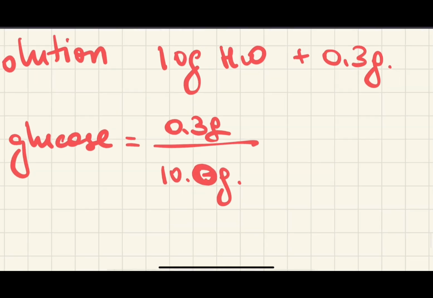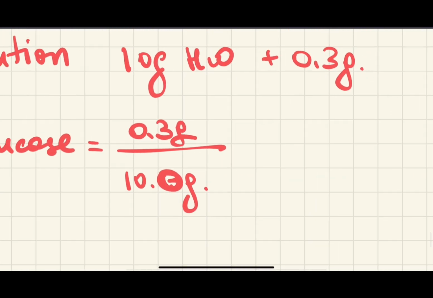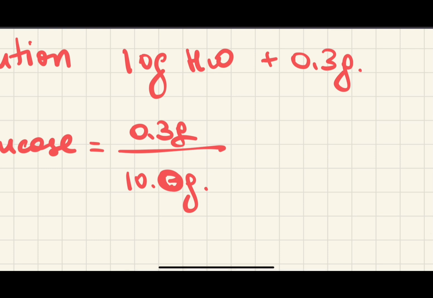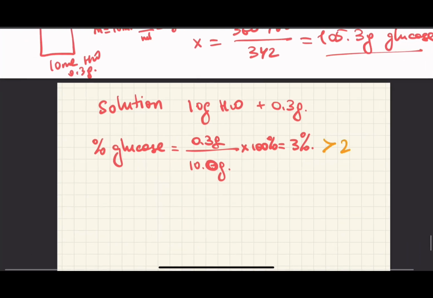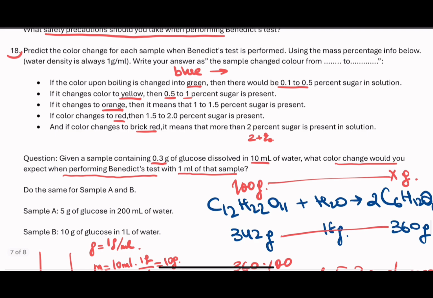It's not going to make a lot of difference. So we're going to have 0.3 gram of glucose over the water and multiply by 100%. And from here, your answer would be just 3%. Now 3% is more than 2%, which is the maximum range we have here.